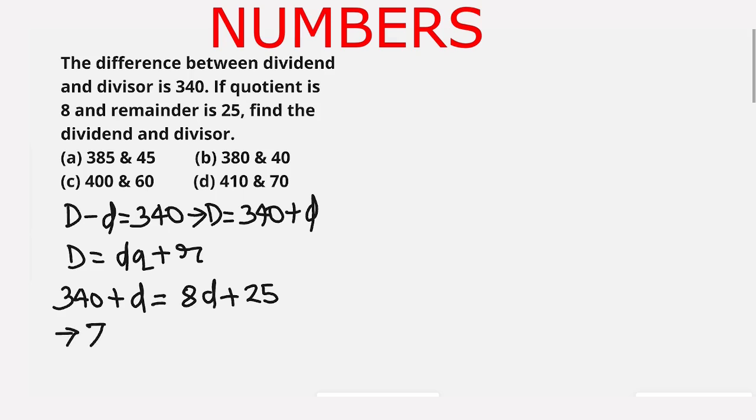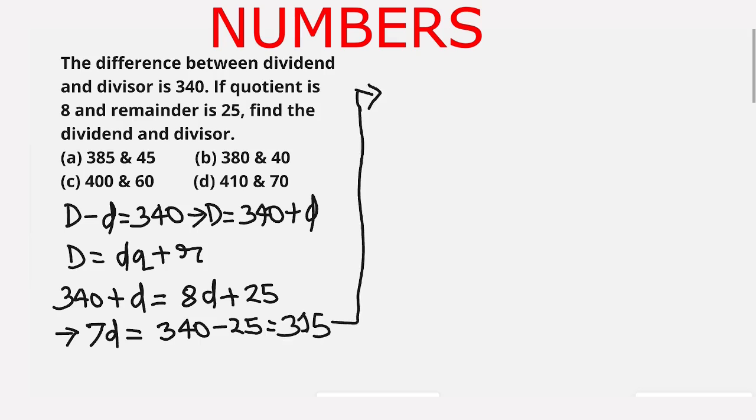This gives 8D minus D is 7D, equal to 340 minus 25, equal to 315. This gives D equal to 315 divided by 7, which is equal to 45.